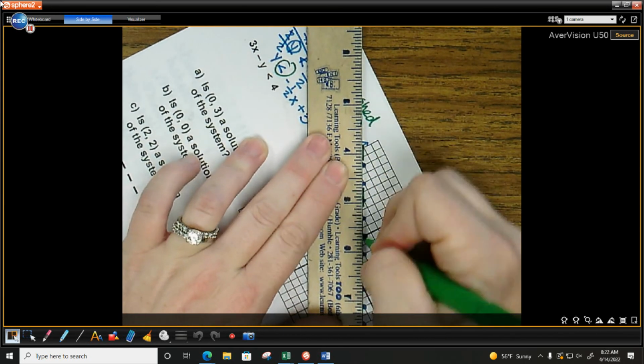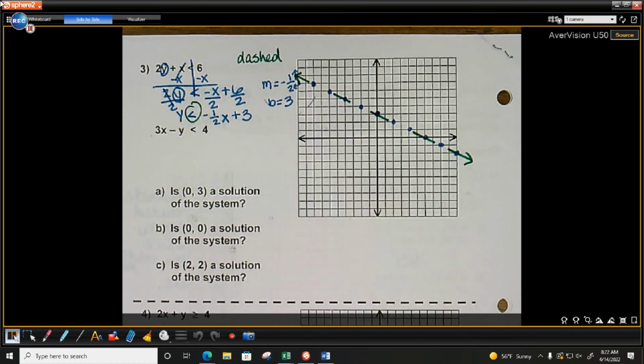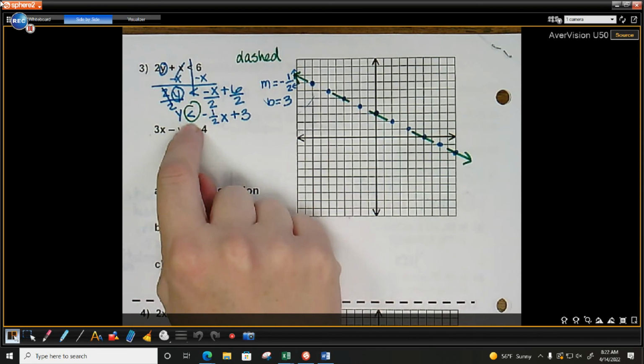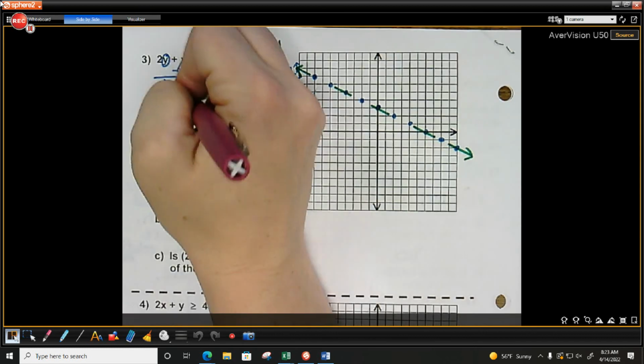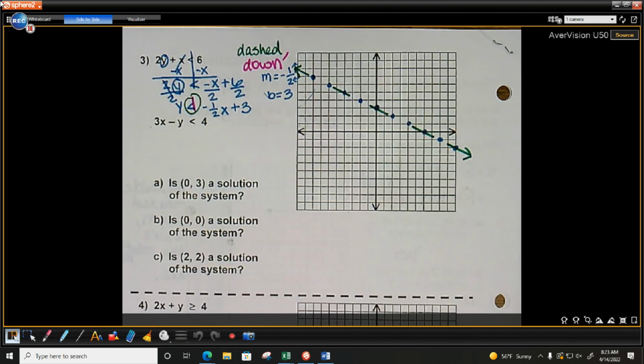Does this help me make a D or a P, Dylan Day? D for down. So I am going to shade down. Is that region 1 or 2, Nicole? 2.